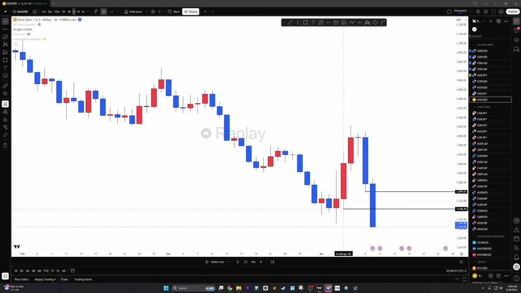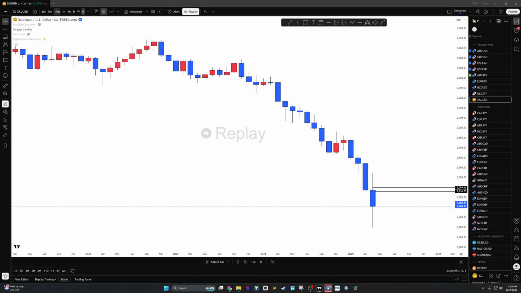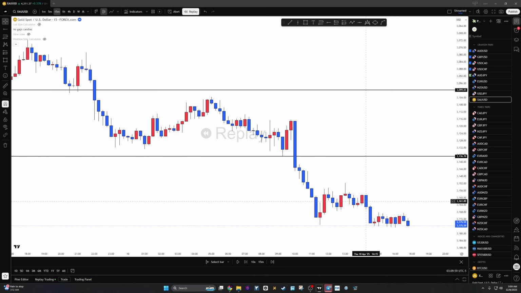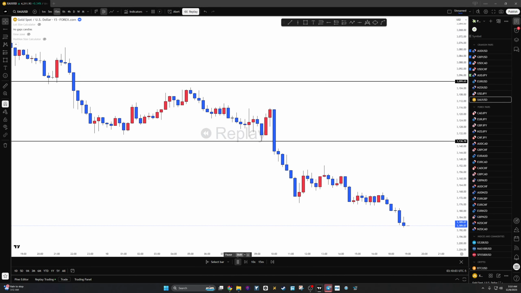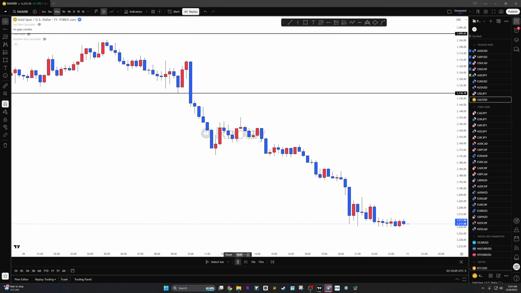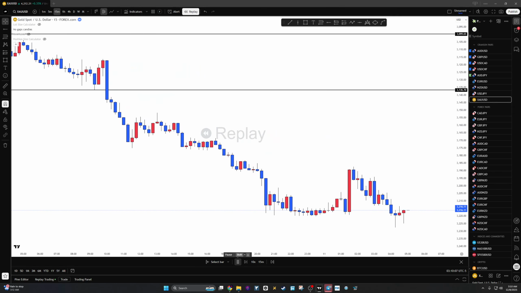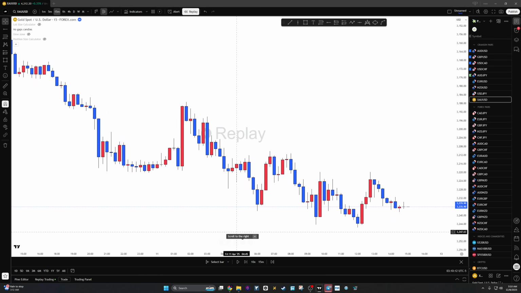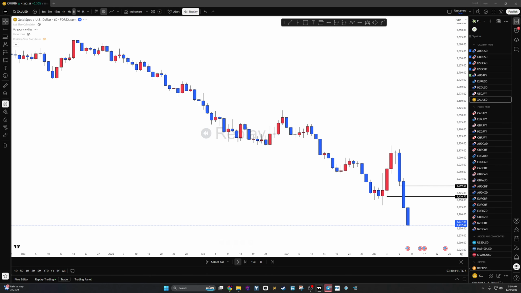Our area of interest. This is our area of interest. No continuations there. Counter trend continuations. Let me emphasize that. No trades there.